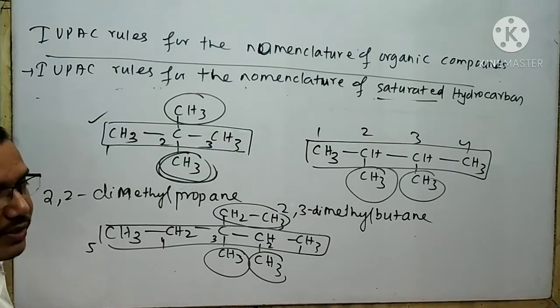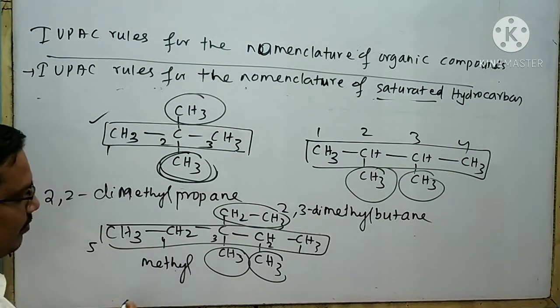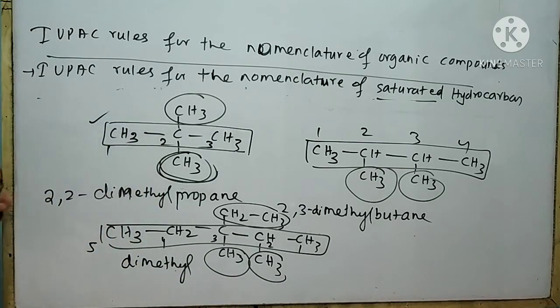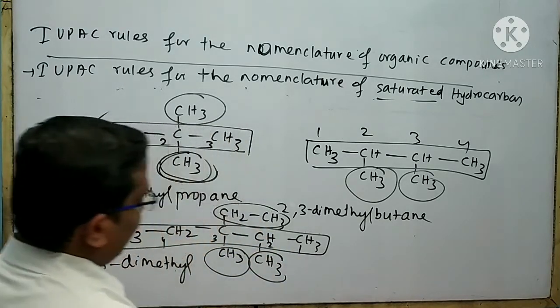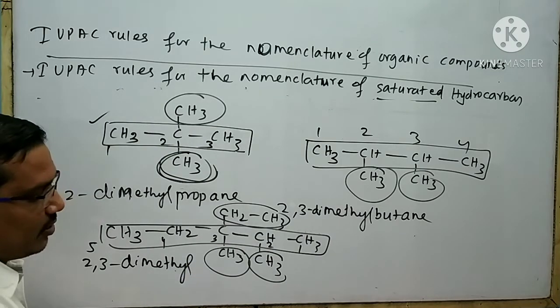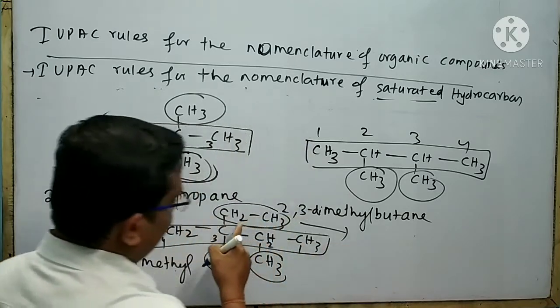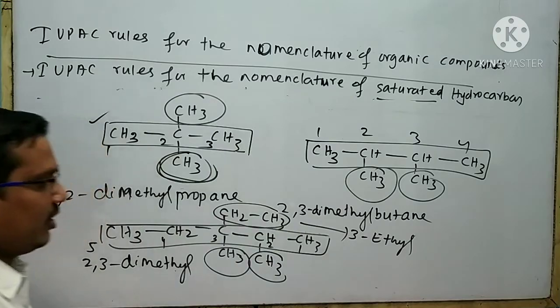The two methyl substituents have different locants, and the locants are 2, 3. The name of the other side chain is ethyl. This ethyl substituent is attached to the number 3 carbon, so I can write 3-ethyl for this substituent.